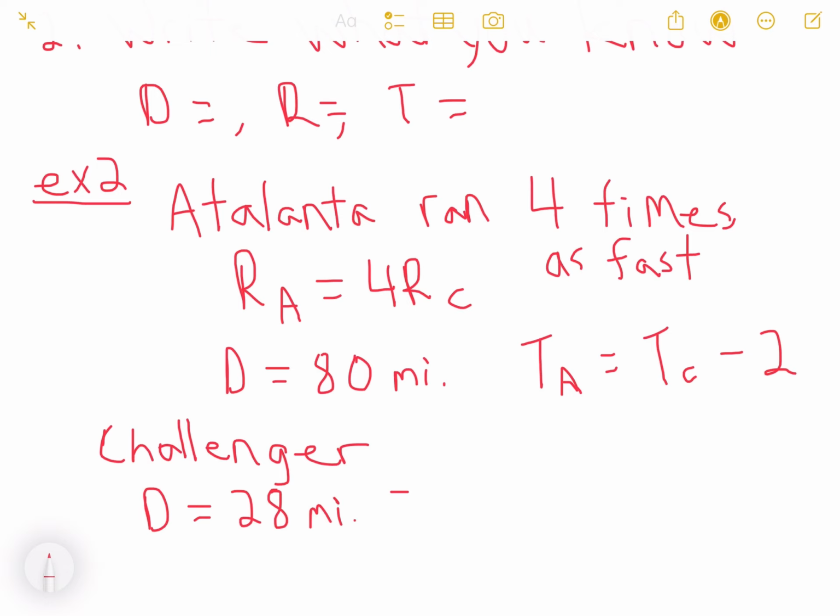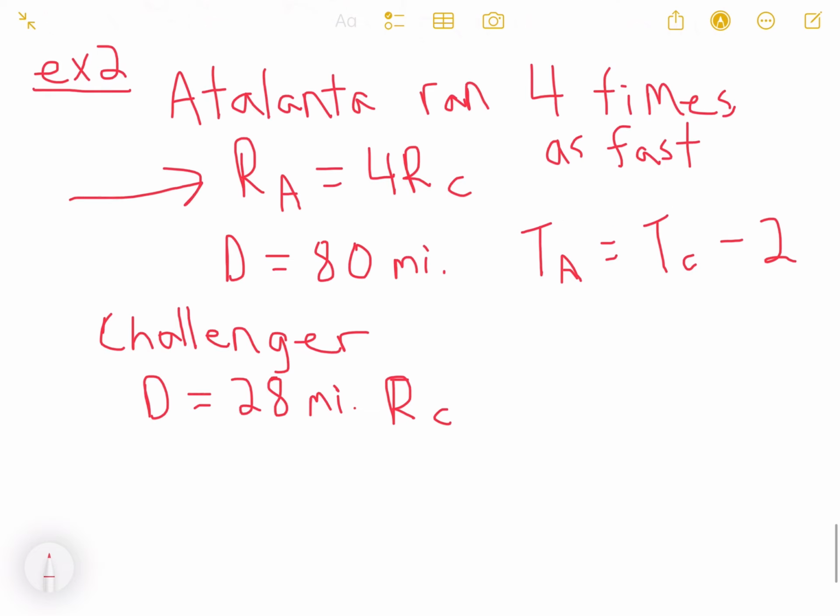And it does not say anything about the rate there. It just says in 2 hours less than it took the challenger to run 28 miles. How fast did each of them run? Well, then what do we got to do here? Well, we know that the rate of her challenger, we could just simply write it as the rate of her challenger, okay? I'm not going to elaborate too much, but basically I don't want to rearrange this guy up here. I want to keep this one like it is.